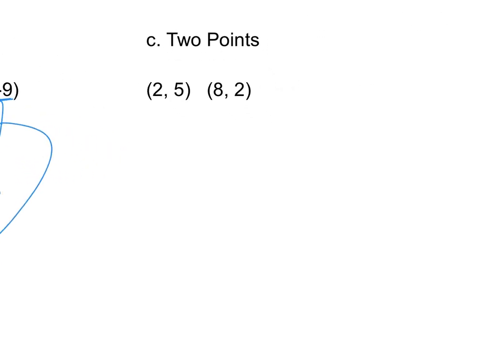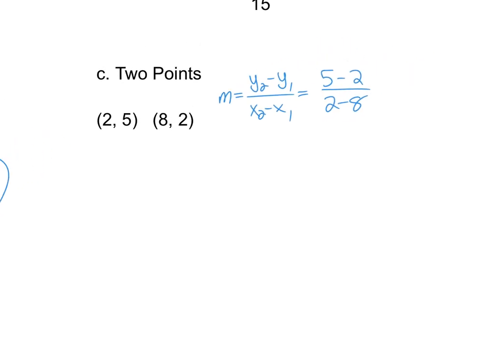So now let's find it from 2 points. First job is to find the slope from our y2 minus y1 formula over x2 minus x1. So I'm going to say 5 subtract 2 over 2 subtract 8. This is 3. 2 minus 8 is negative 6. So that looks like negative 1/2. So now I have my slope, and I choose one of these points. Whichever one I think is easier is usually the one I choose.